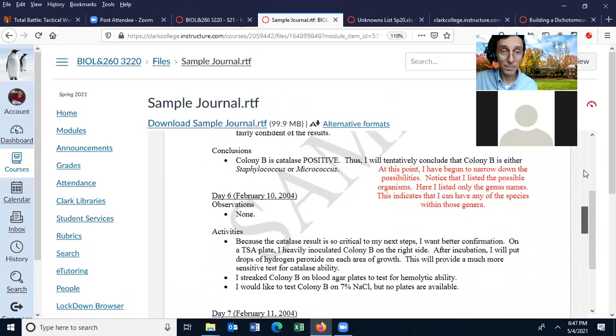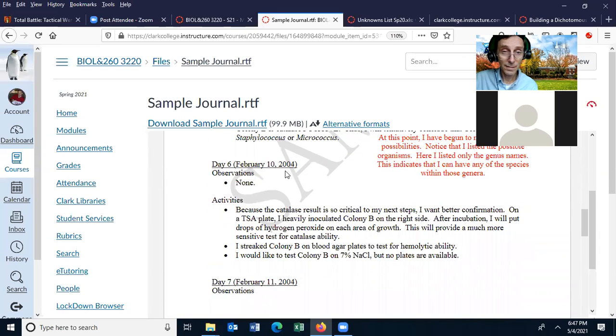Generally speaking, on a day, say written in 2004, you'll have your observations, which were from the tests that you had run previously and were due this day. An observation is what you're observing. These will be the results of the test.